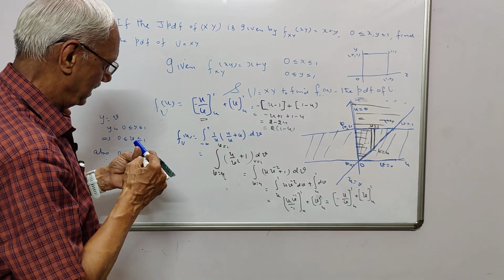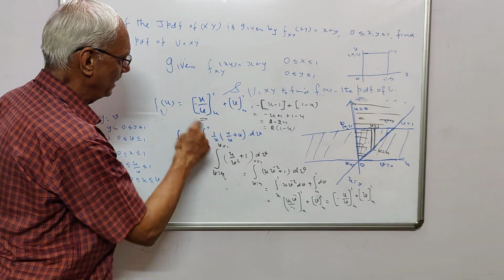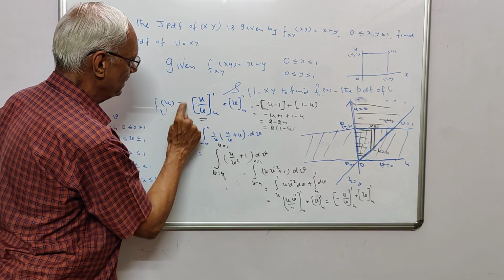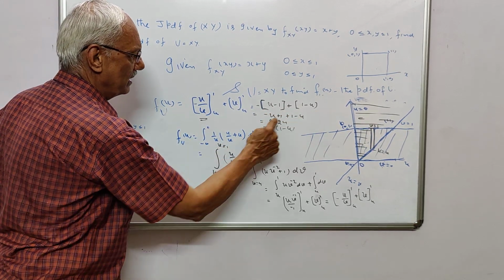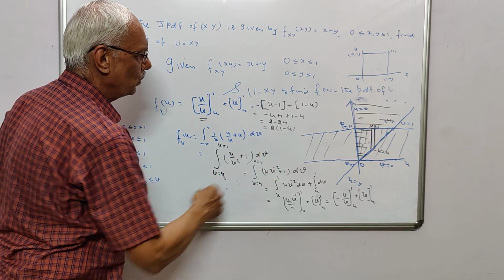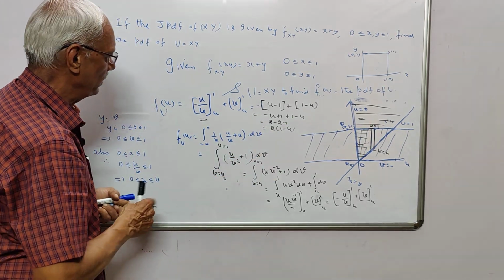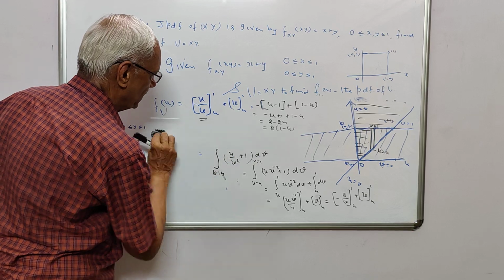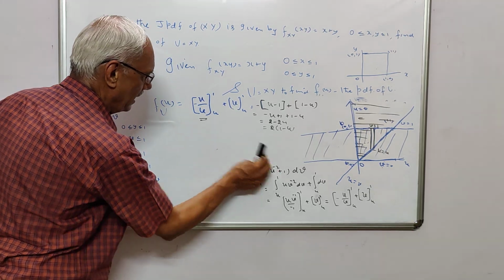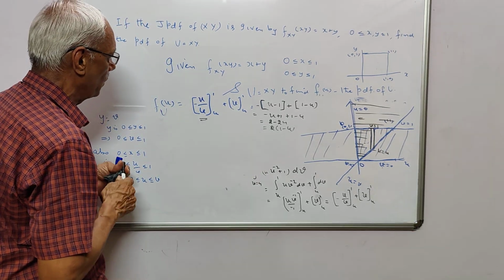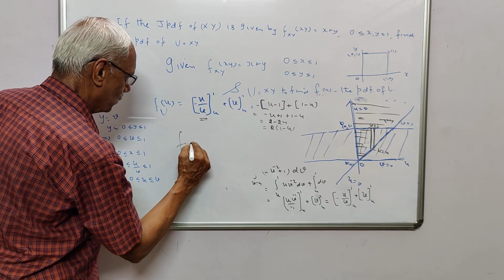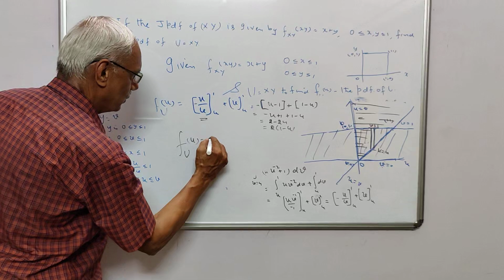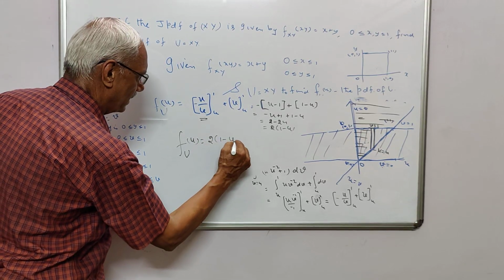So you see that here when you apply the limits, you get for this minus u into u minus 1 plus 1 minus u. So you get this to be 2 into 1 minus u. So I am able to get the probability density function for y, that is the marginal density function of u, that is f of u is 2 into 1 minus u.